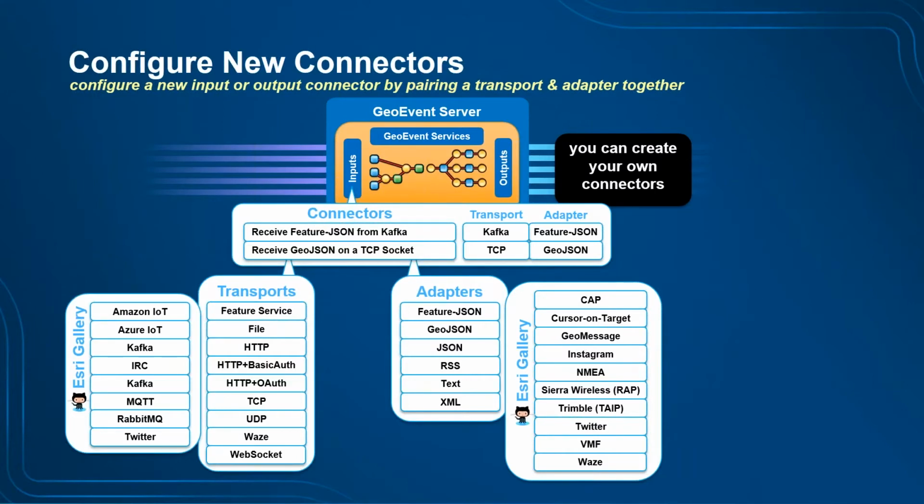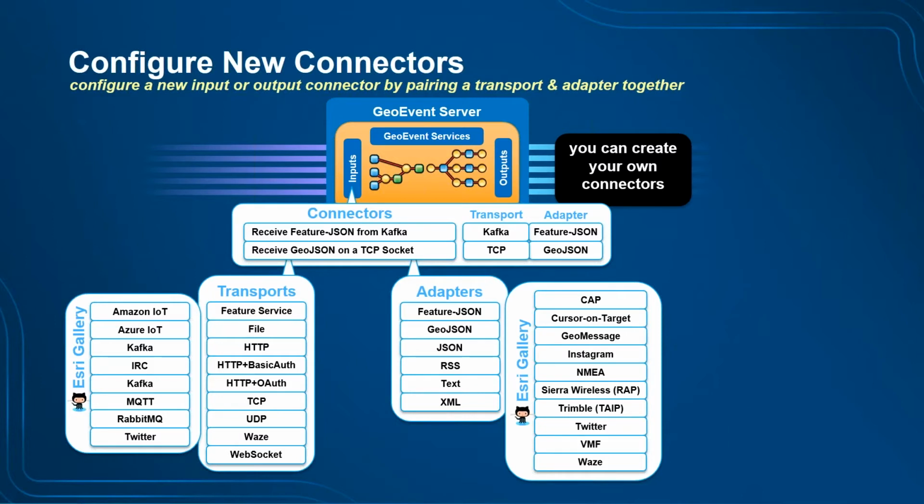But before you jump into writing your own input connectors, it could be that you can configure a new connector without having to write any code. All of the existing connectors that are part of GeoEvent Server out of the box are simply combinations of existing transport and adapter components.